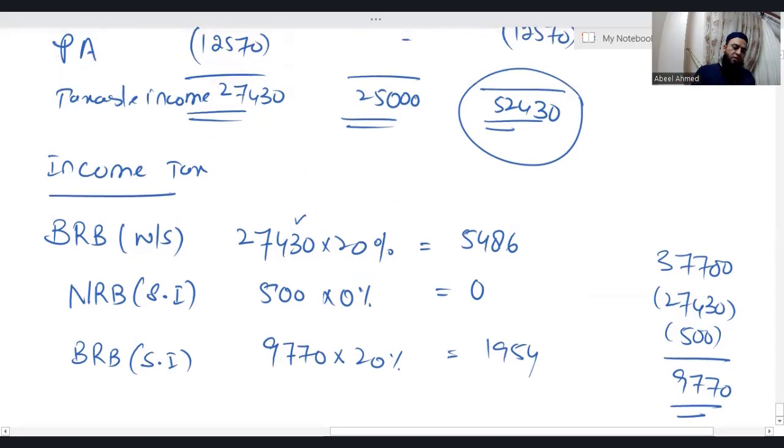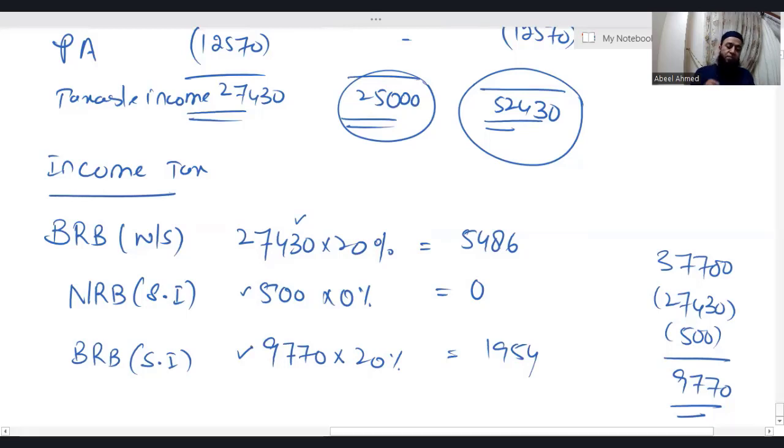The total saving income is 25,000. Out of this, 500 we have taken in the nil rate band, and 9,770 in the basic rate band. Now the basic rate band is fully utilized.